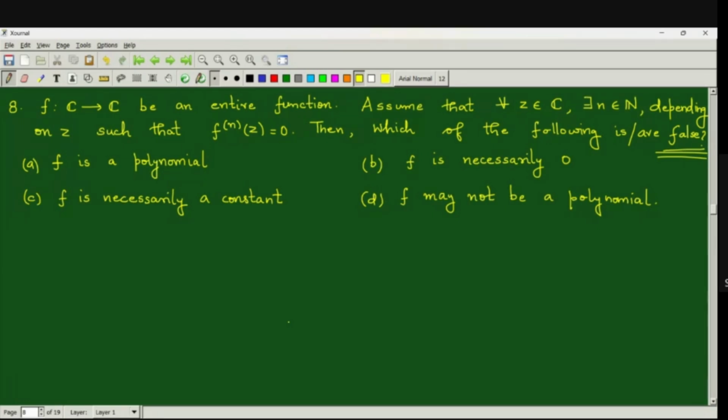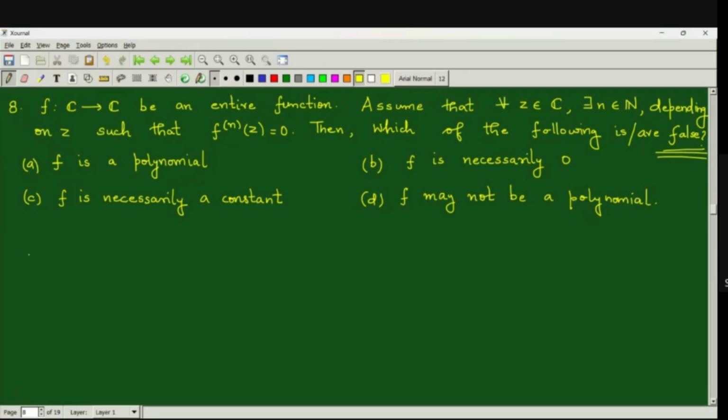Or just looking at the options you said that BCD is false? Actually, it will be a polynomial of degree n minus 1. Can you prove that, I am asking? Yes, ma'am.